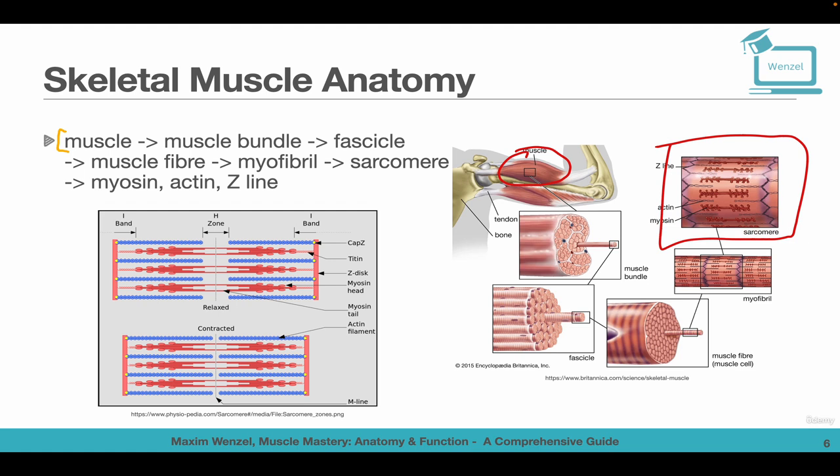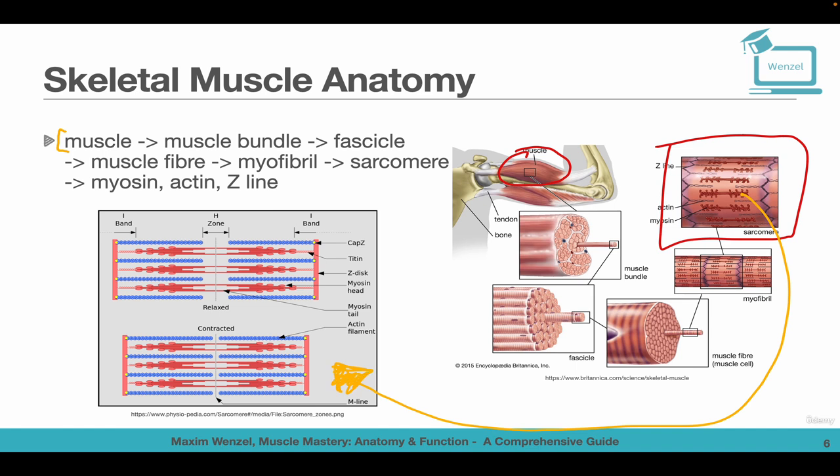So if someone asks you how a muscle is built, you can say, we have a big muscle, and then you go this way onto this picture, and then we have an image of the very tiny part of the muscle. Here we can see how a contraction of a muscle works.